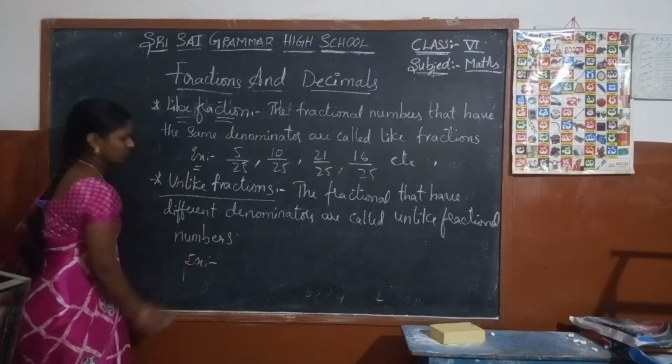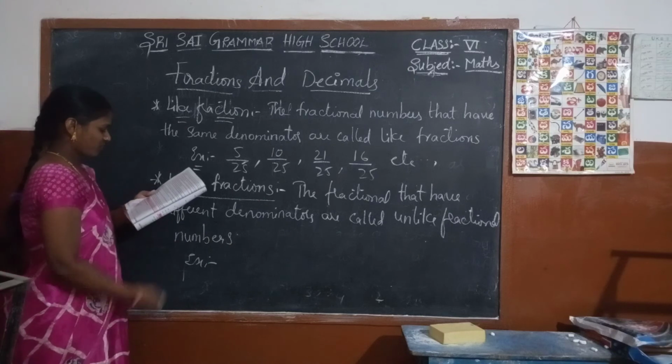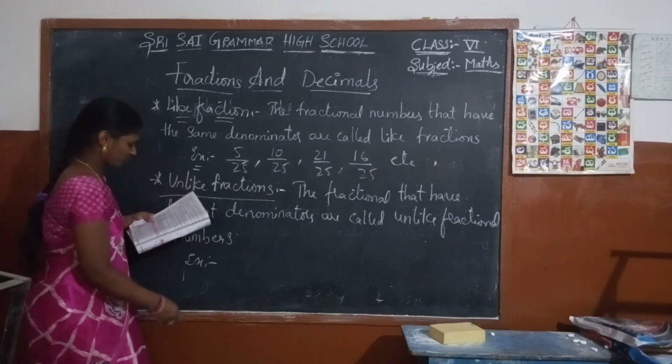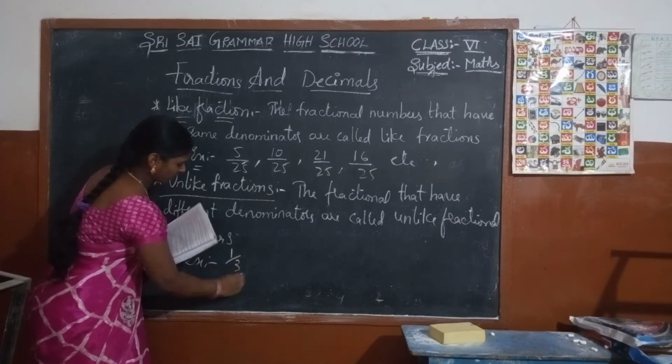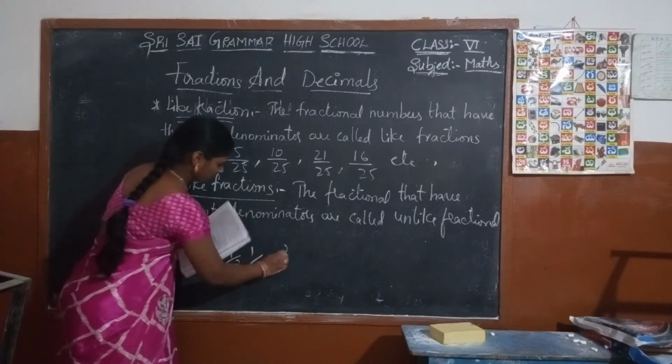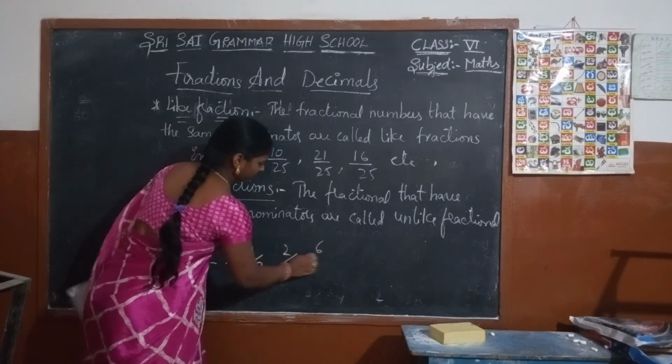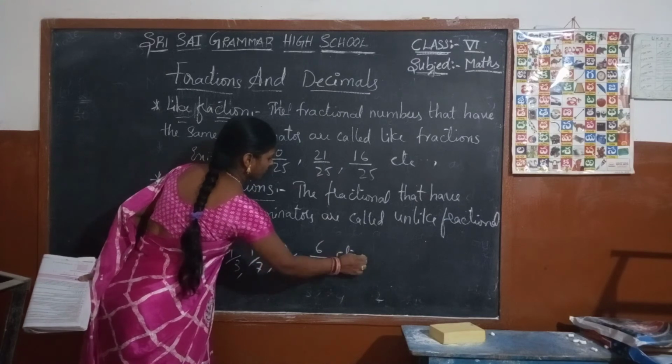Examples: 1 by 3, 1 by 7, 2 by 4, 6 by 12, etc.